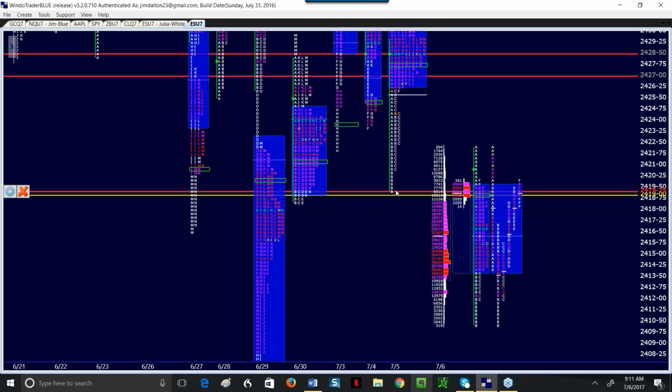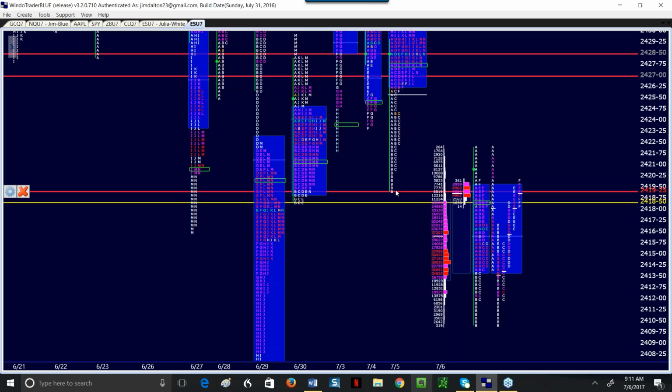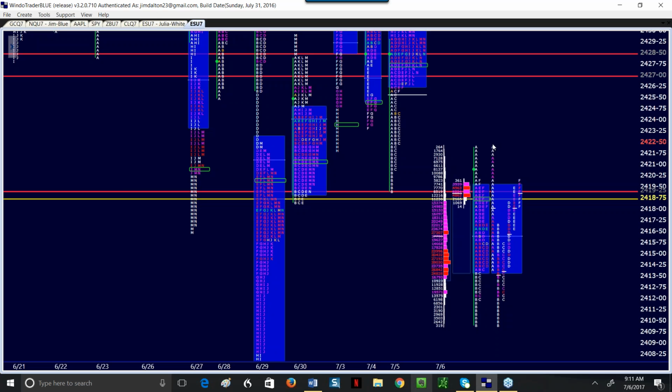A weak low occurs when the low or high for the previous day is within a tick of the low or high for the prior day. So today's early low was a single tick above yesterday's low. That is a weak low. The market rallied, and the odds are very low it's going to hold that low.